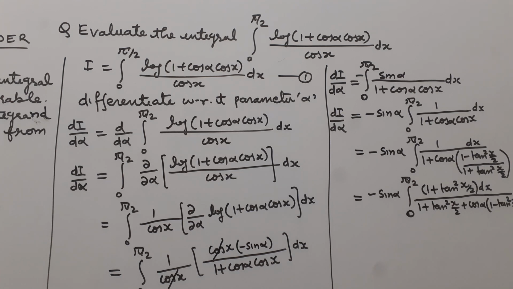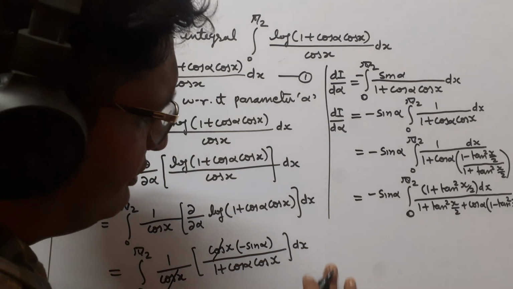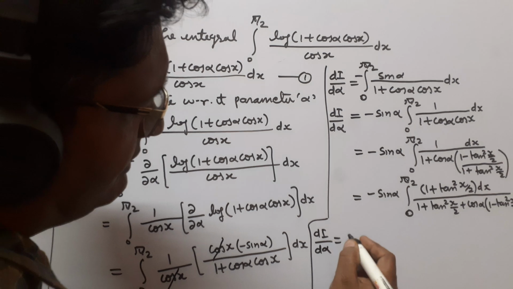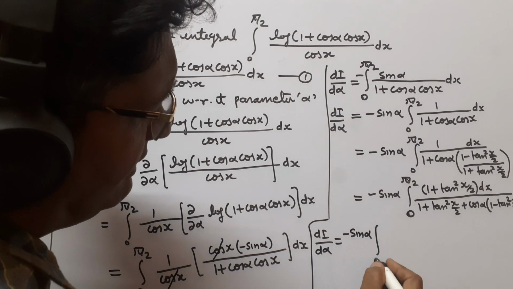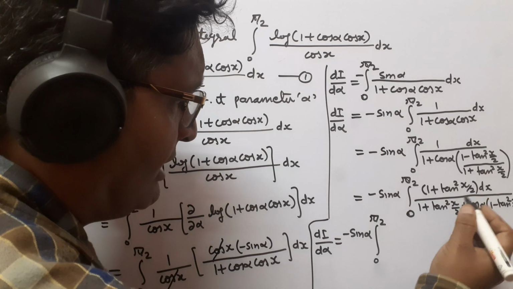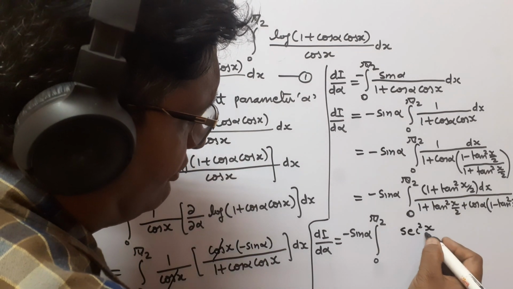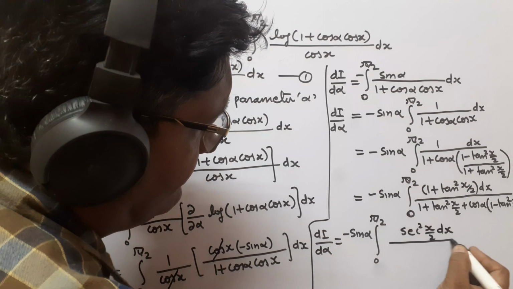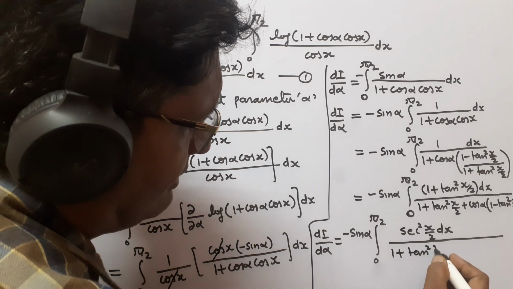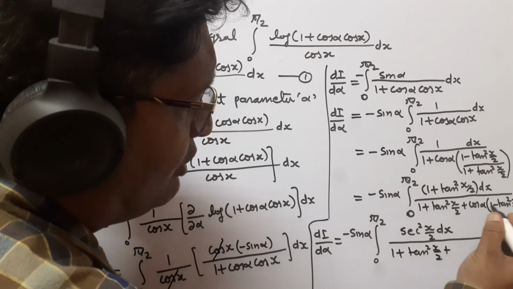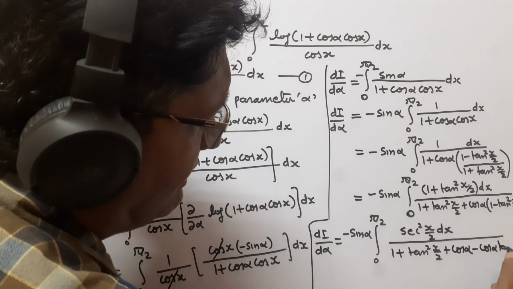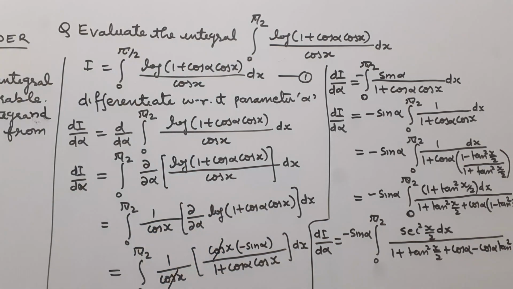Now this can also be written as dI upon d alpha equal to minus sin alpha integration between the limits 0 to pi by 2. This 1 plus tan square x by 2 can be written as sec square x by 2, dx, divided by 1 plus tan square x by 2 plus cos alpha multiplied by 1, this is cos alpha, minus cos alpha multiplied by tan square x by 2.